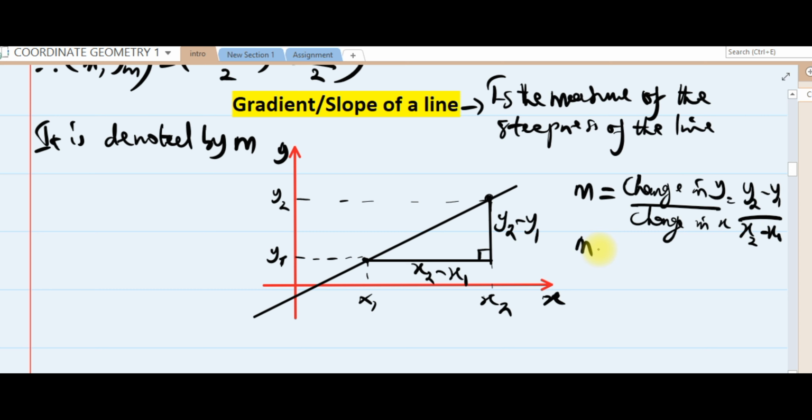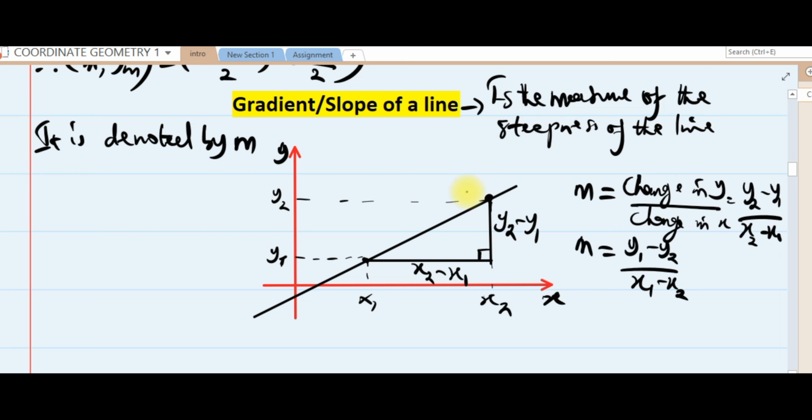Though it could be y1 minus y2 over x1 minus x2, they are the same. You can check it. That is the formula for the slope of this line.